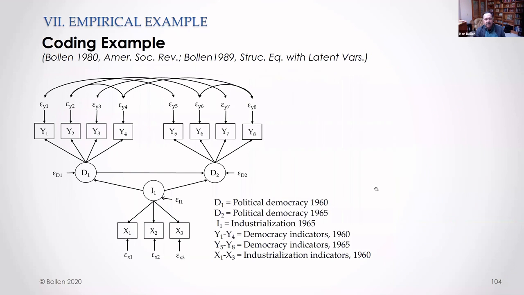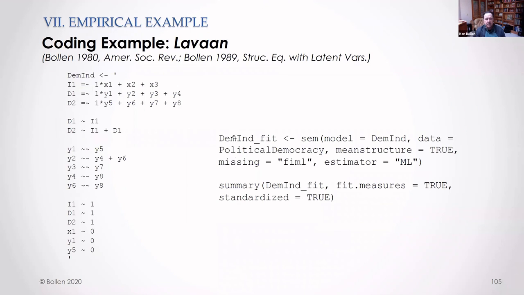This is just the path diagram to remind you of the model that we're estimating. So what I'm about to show you is what the coding would look like if we did this in lavaan. There's the picture. Here's the code. So this again is an R package. We're naming the model demint.